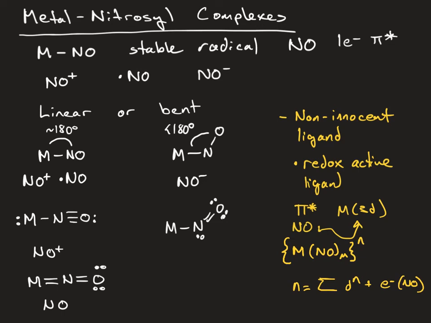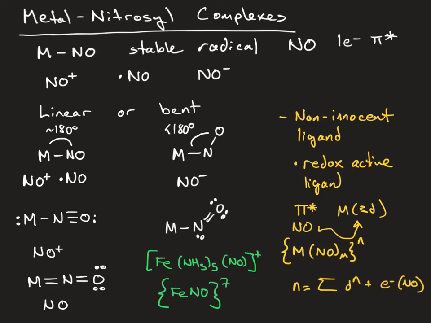So, for example, in this complex here, which contains one NO ligand and an iron 2, we would signify that this is an iron NO 7 compound. 6 d electrons from the iron 2, the 1 electron from the NO ligand, so it's an iron NO 7 complex. Doing so eliminates ambiguities concerning the oxidation state of the NO ligand.